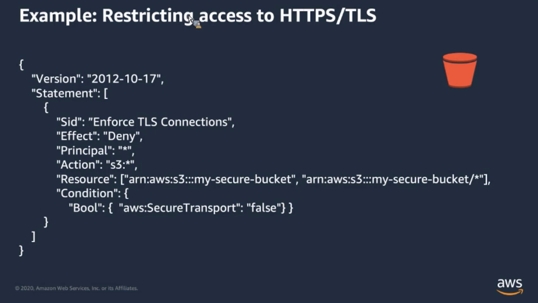So for any operation from any principal, we're going to deny if our condition is not true. And our condition is a Boolean, which is essentially just a true-false: aws:SecureTransport false. So if this request comes in over HTTP, then this would resolve to true, and the request would be denied.